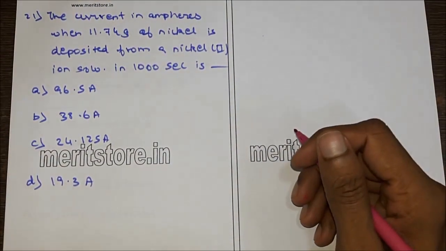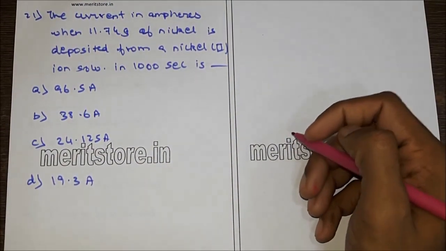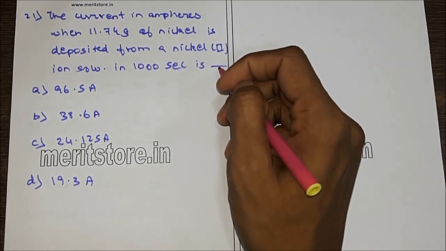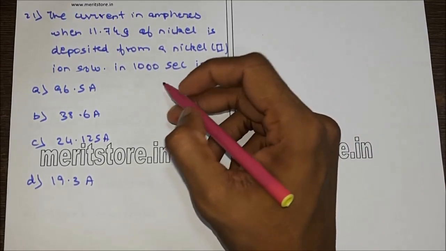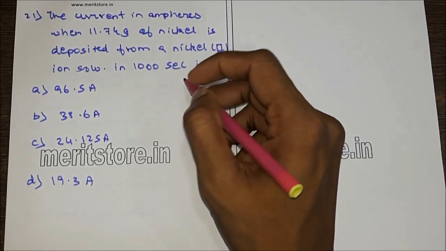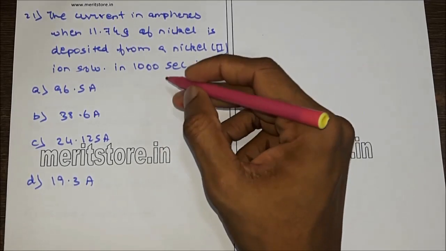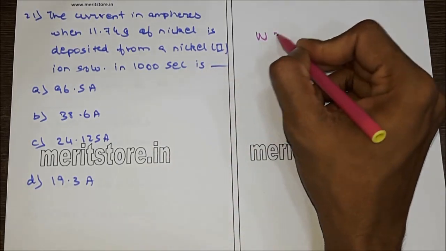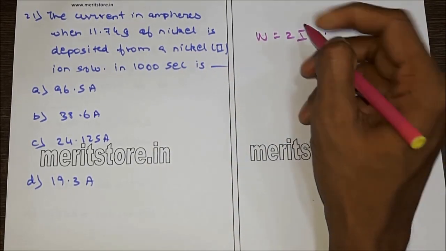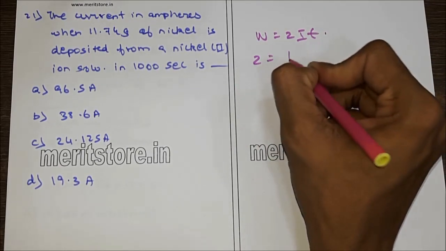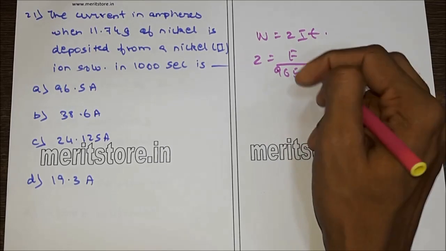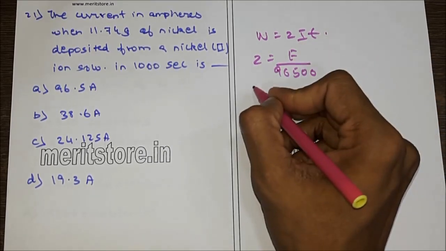Question 21. The current in amperes when 11.74 gram of nickel is deposited from a nickel ion solution in 1000 seconds is given as, and we are given 4 options. We have W = Z × I × t, where Z is equal to E upon 96,500.